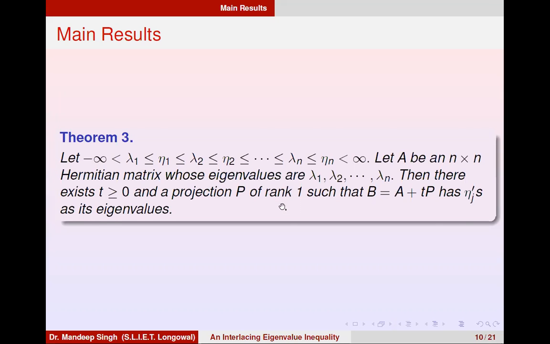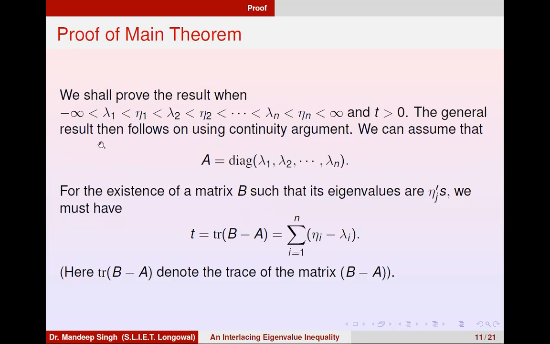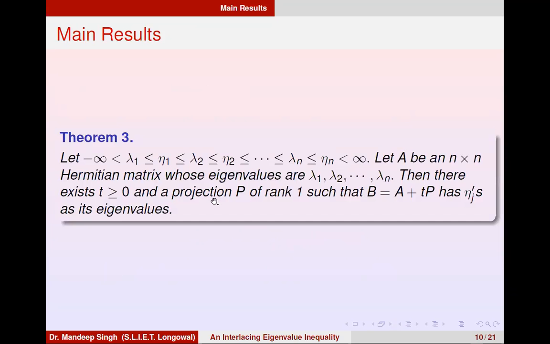So see here, how can we prove this? The fundamental techniques, we shall be only using fundamental techniques. So I can, without loss of generality, take A as diagonal matrix with lambda 1, lambda 2, and so on. Can you think of the matrices here, if I just remove the condition Hermitian?